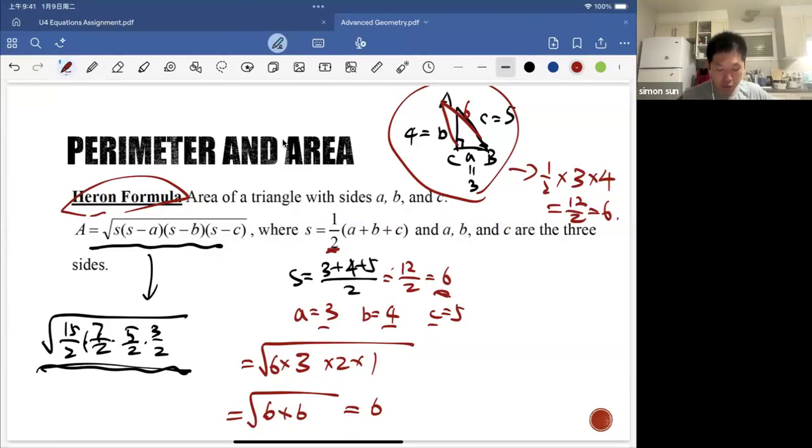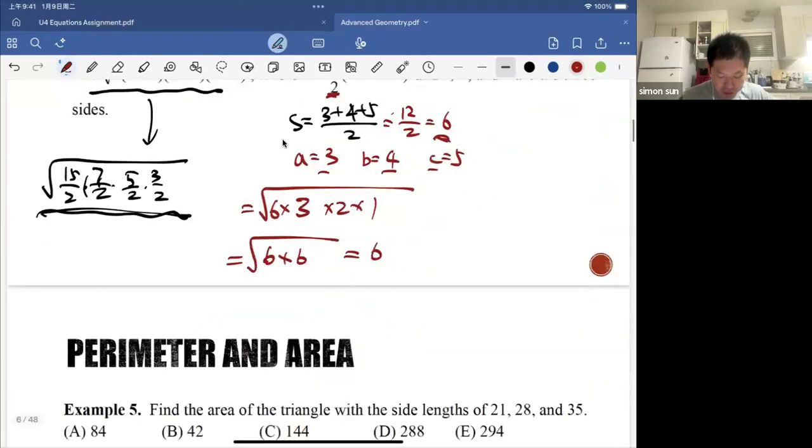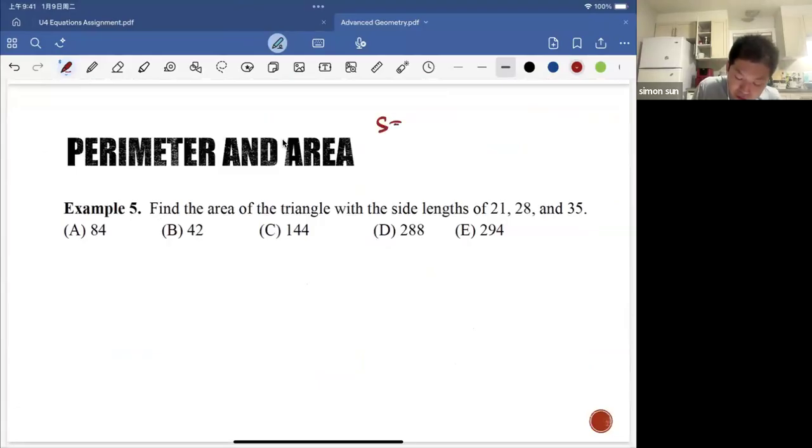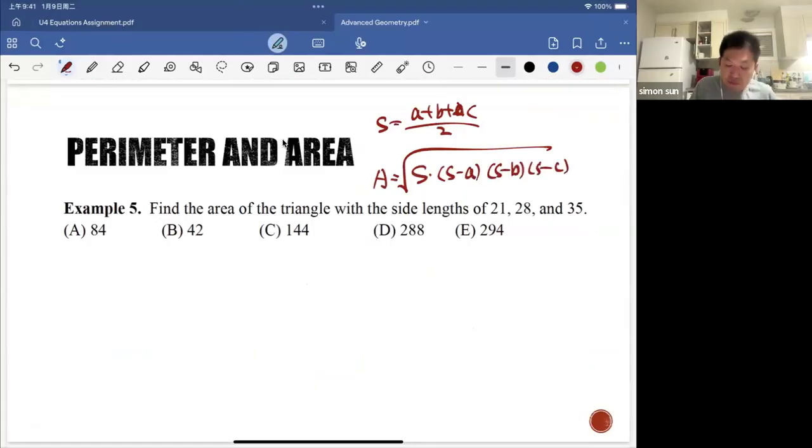If not, why don't we do a small practice? I will put the formula here: S equals a plus b plus c, divided by 2, and area equal to the square root of S times S minus a, S minus b, S minus c.